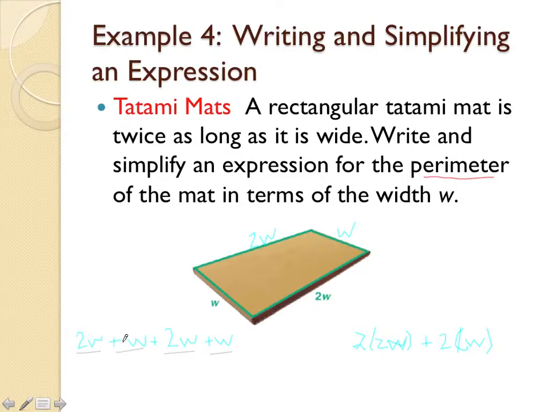Remember, if I don't see a coefficient, it's an understood 1, so I need to write that in there. Now I can just go through and add my coefficients. So I have 2 plus 1 is 3, plus 2 is 5, plus 1 is 6. So in this case, I can simplify my expression all the way down to one term, which is going to be 6W.